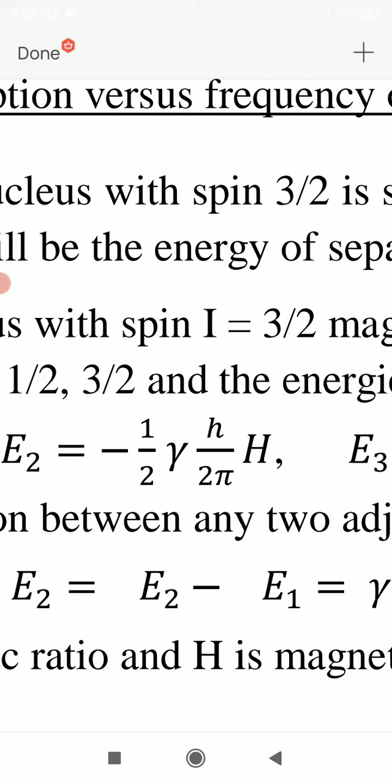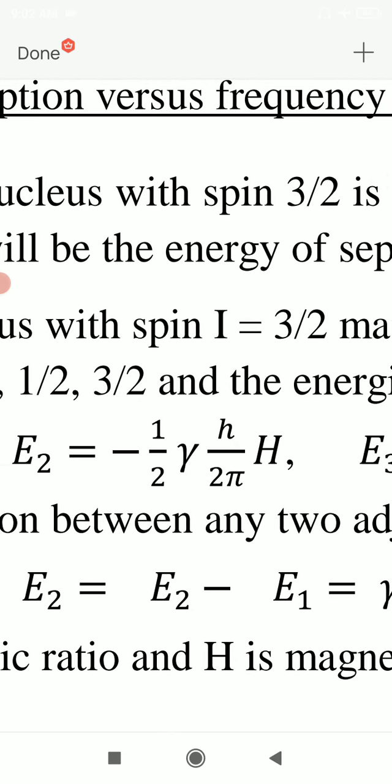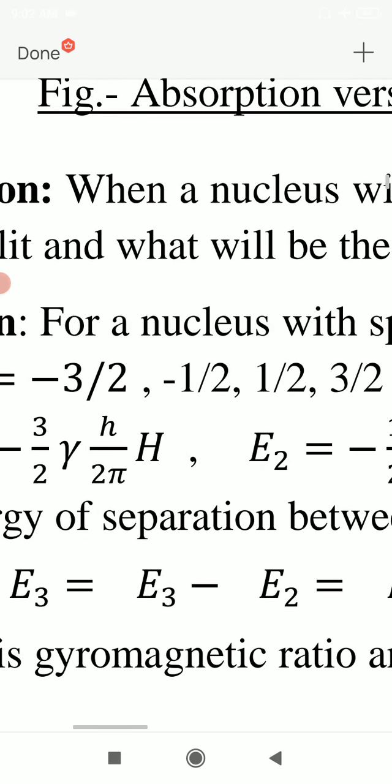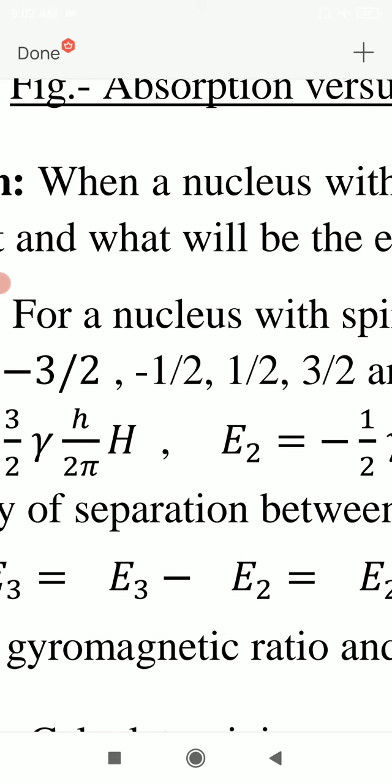So if we have spin quantum number I equal to 3 by 2, values of magnetic spin quantum number Mi will vary from minus I to plus I. Since I is 3 by 2, values of Mi are from minus 3 by 2 to plus 3 by 2 with a difference of 1. So we find these four values.